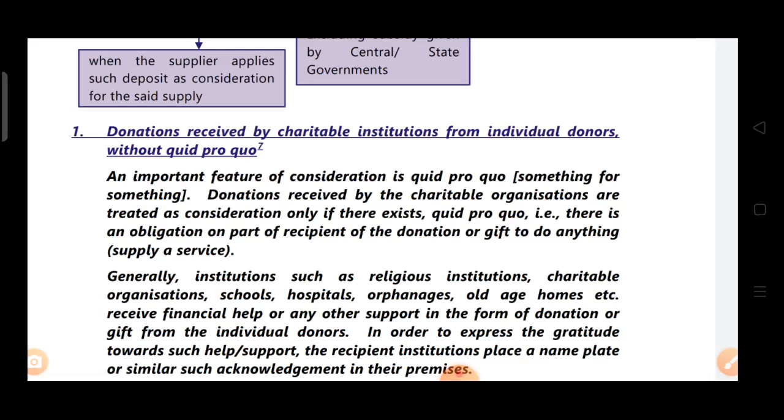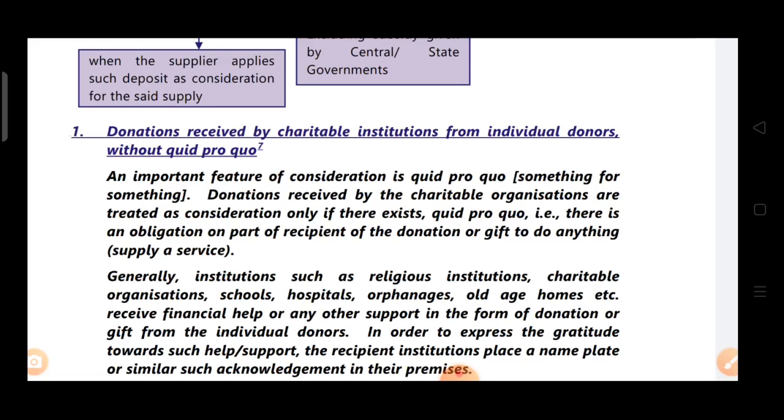Okay, if a donation is received by the charitable institution from an individual donor, the charitable institution is the recipient in this case. Not recipient, we can just say the donation is received by the charitable institution. As per the general example, the one who pays the money is the recipient and the one who receives the money is the supplier.